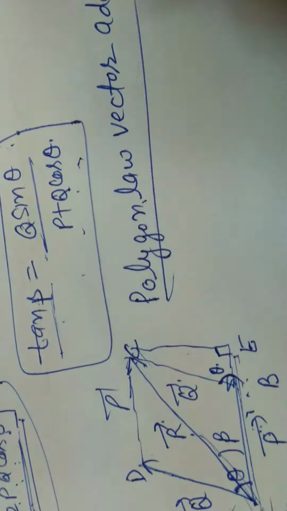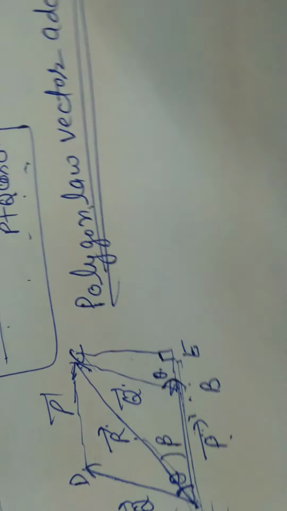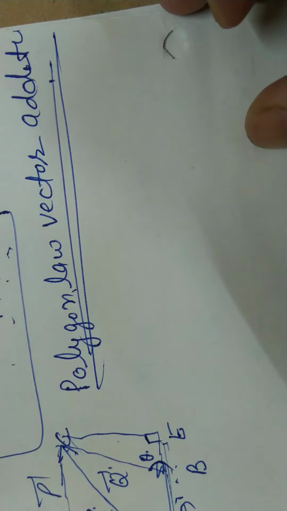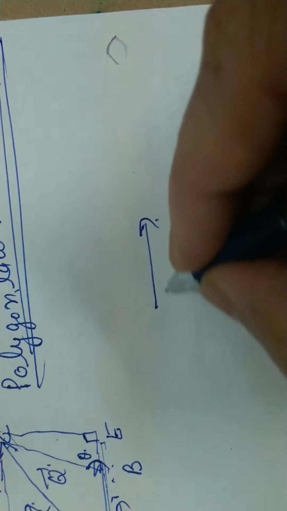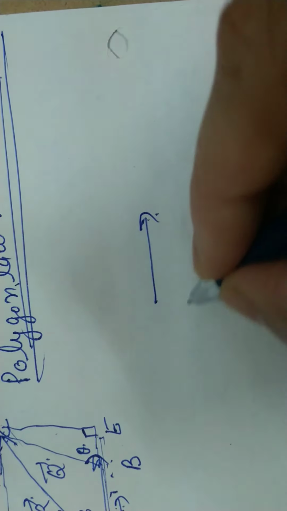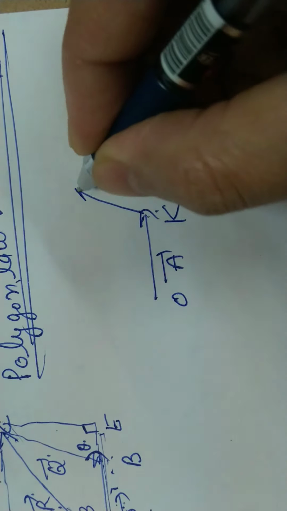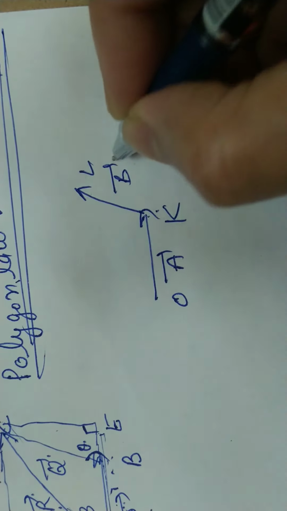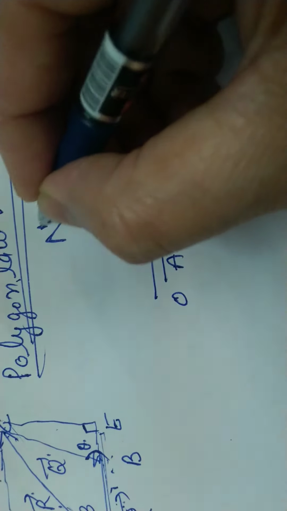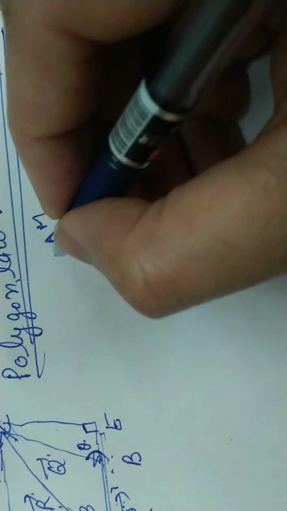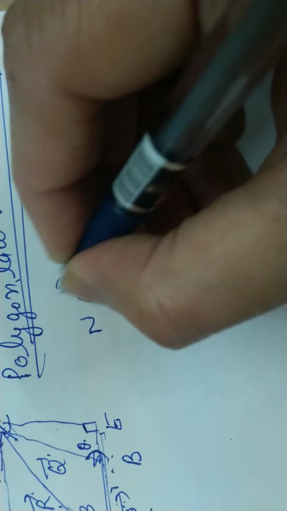According to this law, if a number of vectors are represented by the sides of a polygon, now a polygon can be a pentagon, hexagon, like this, say OK is A vector, then KL is B vector, then LM is C vector, and then MN is D vector.